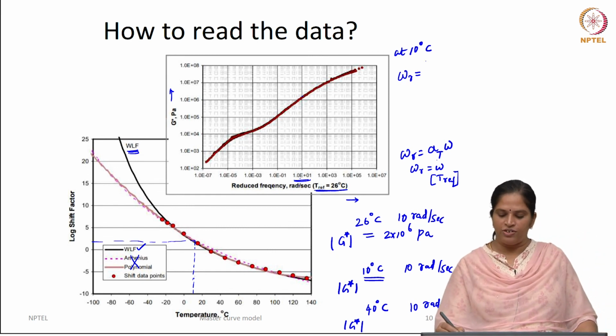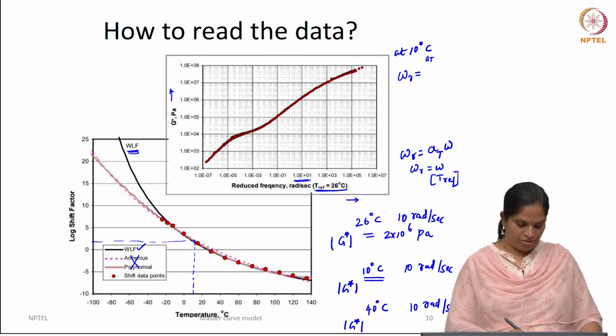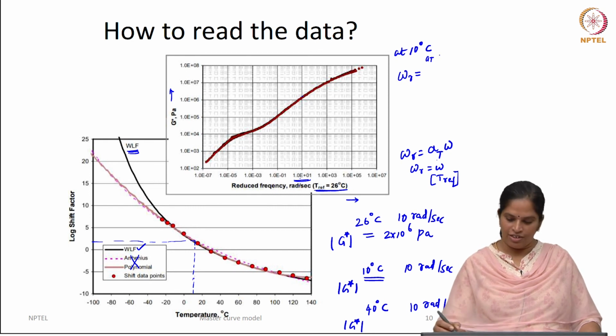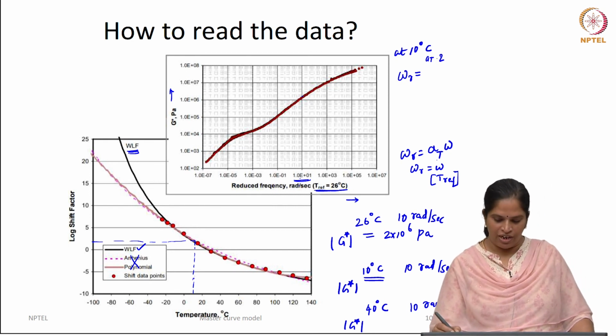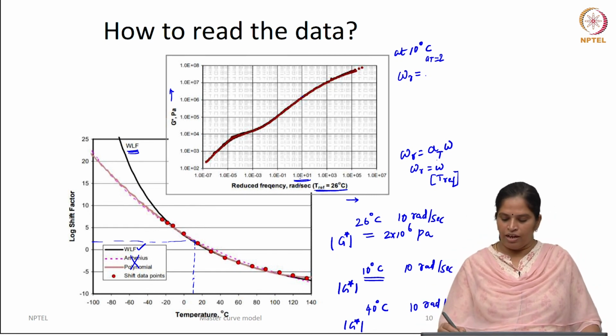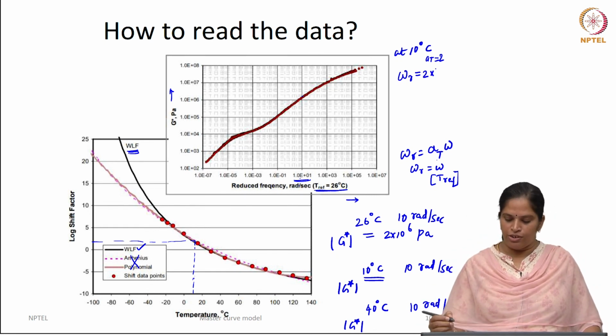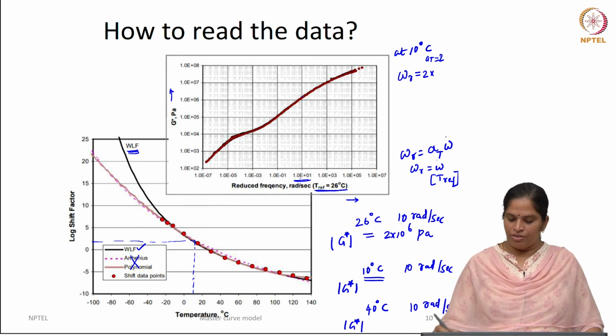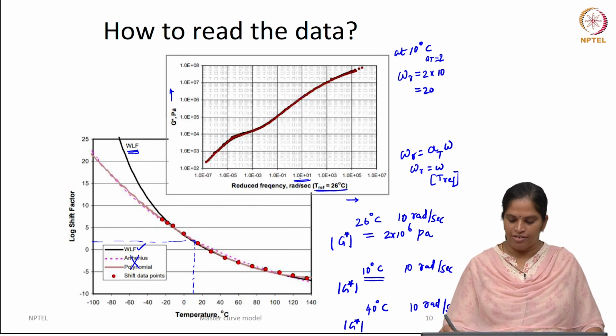So the AT value here is 2, and you will get omega r to be 2 into 10 radians.